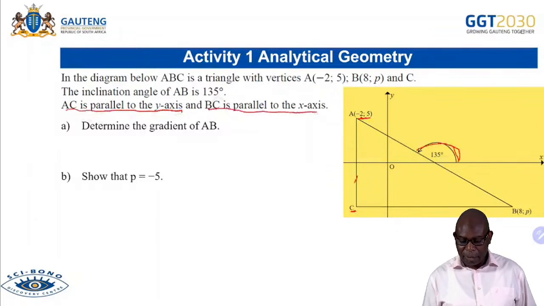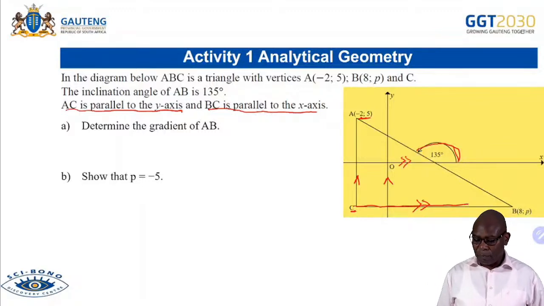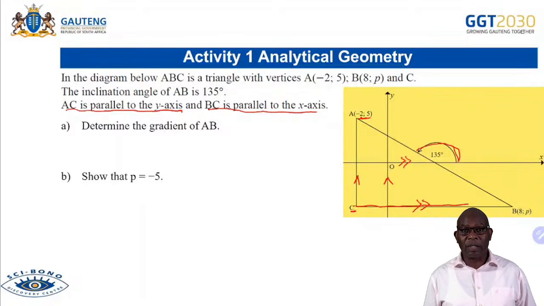Parallel lines have the same gradient, so already I know the gradient of AC, because I know the gradient of the y-axis. The gradient of BC is also known because BC is parallel to the x-axis. If I know the gradient of the y-axis, I know the gradient of AC. If I know the gradient of the x-axis, I know the gradient of BC.